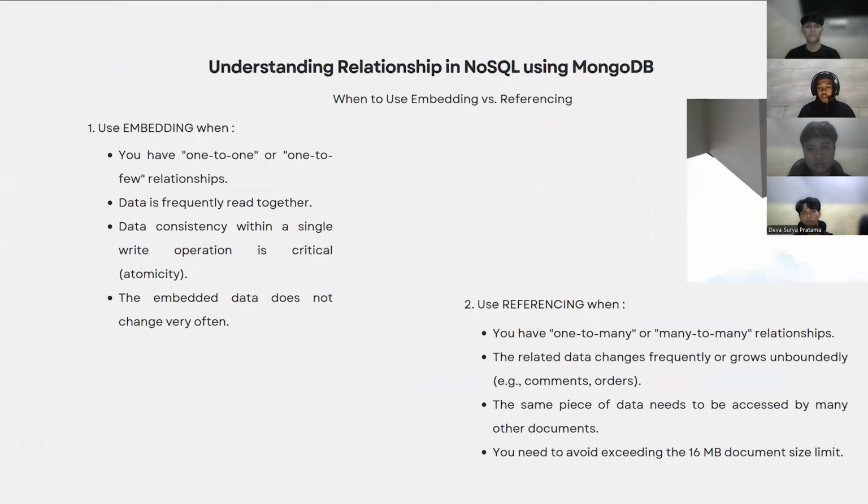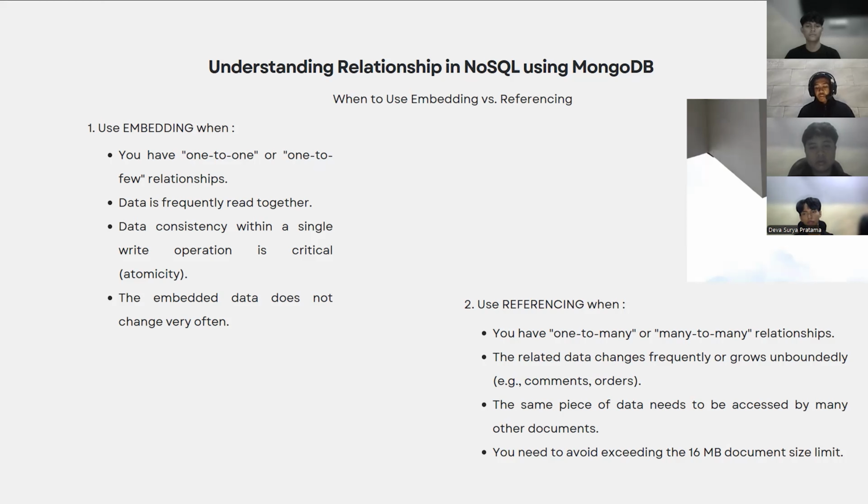After talking about embedding and referencing, now we will talk about when to use embedding and when to use referencing. We will use embedding when, first, you have a one-to-one or one-to-few relationship; data is frequently read together; data consistency with a single write operation, or atomicity, is critical; and the embedded data does not change very often.